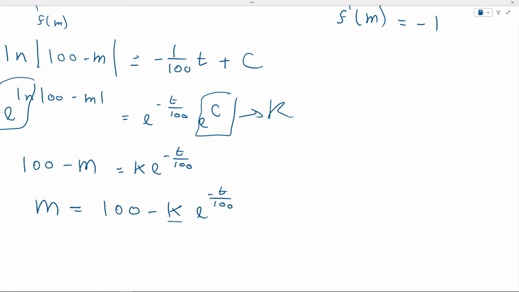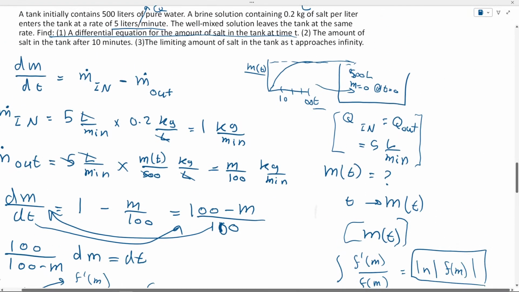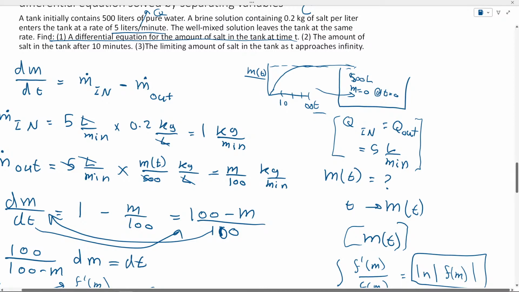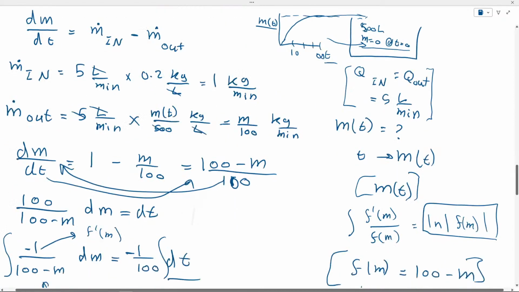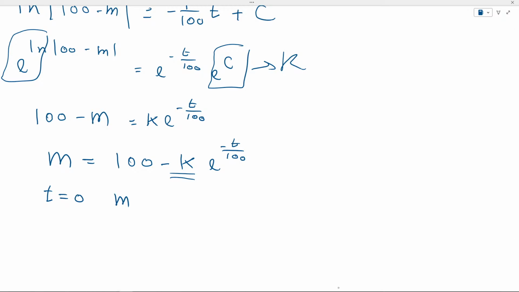Can I find this constant? Yes, I can find this constant because remember I have a condition here. When t is equal to 0, m of 0 is equal to 0. So I can just substitute here.